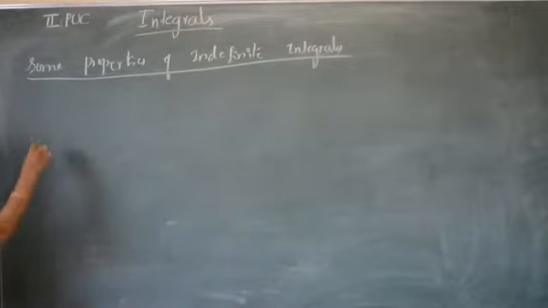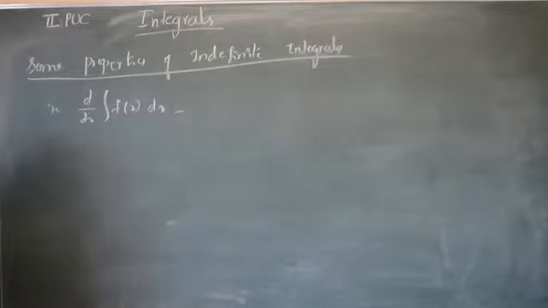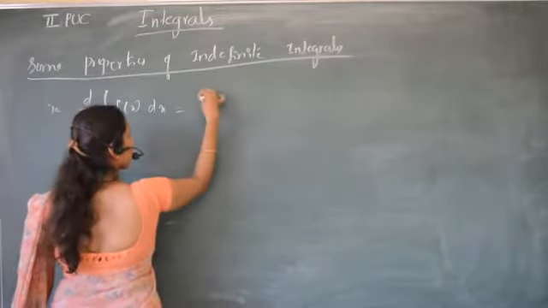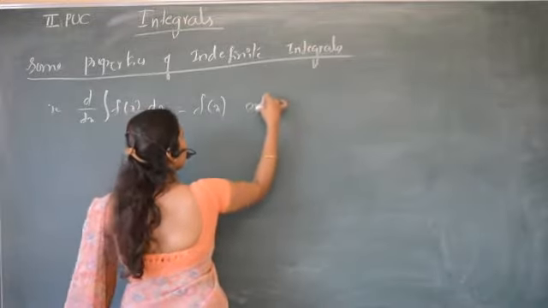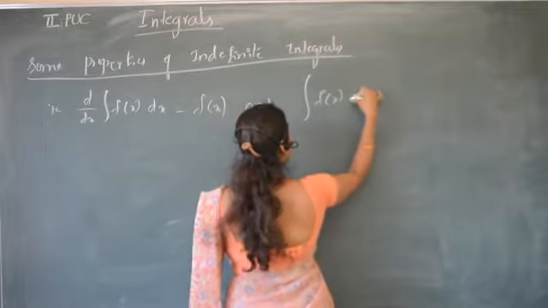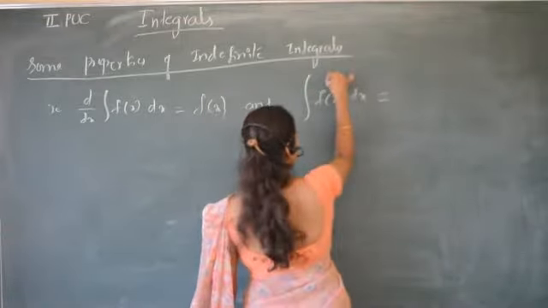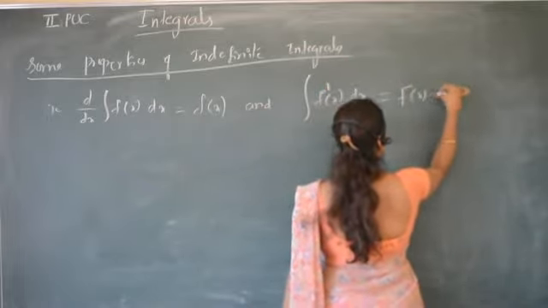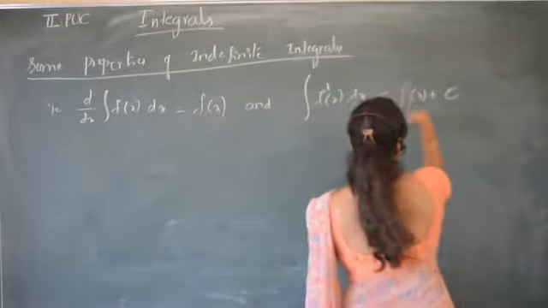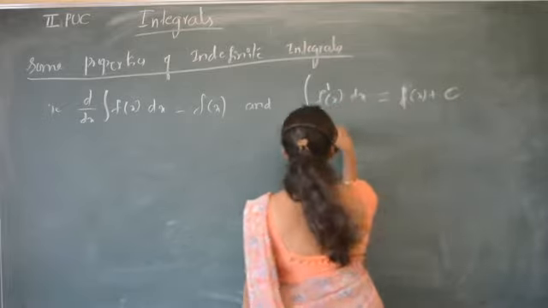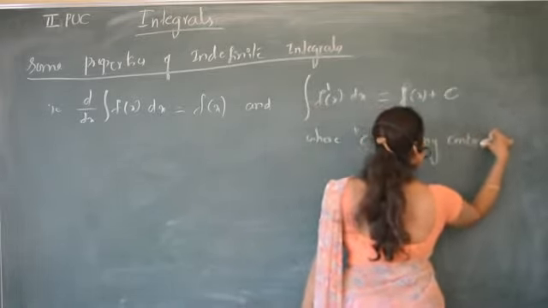That is, the derivative of the integral of f of x dx is equal to f of x, and the integral of f dash of x dx is equal to f of x plus c, where c is any constant.